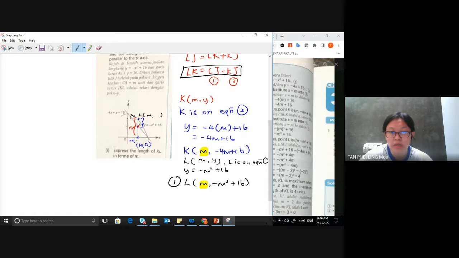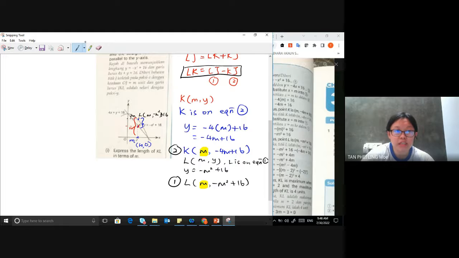Okay, this is my 1, and then my second one is my 2. So basically I'm just looking at their Y coordinates. So I know my L is negative M squared plus 16, which means this distance here is negative M squared plus 16. And then the K here will be the K coordinates, which is negative 4M plus 16.